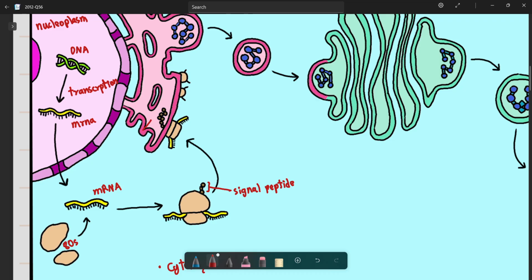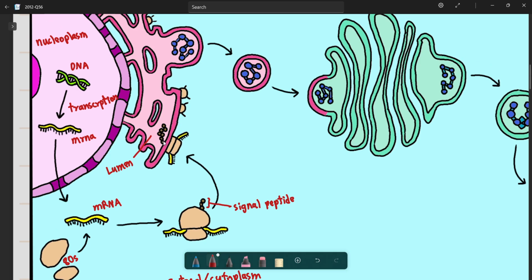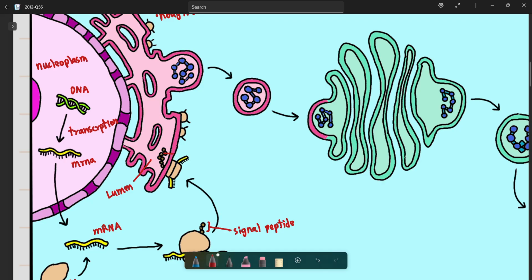This inside region of the endoplasmic reticulum is the lumen. Basically, lumen is the space inside an organelle. So inside the space, there's a polypeptide being formed, and eventually it will form a protein.